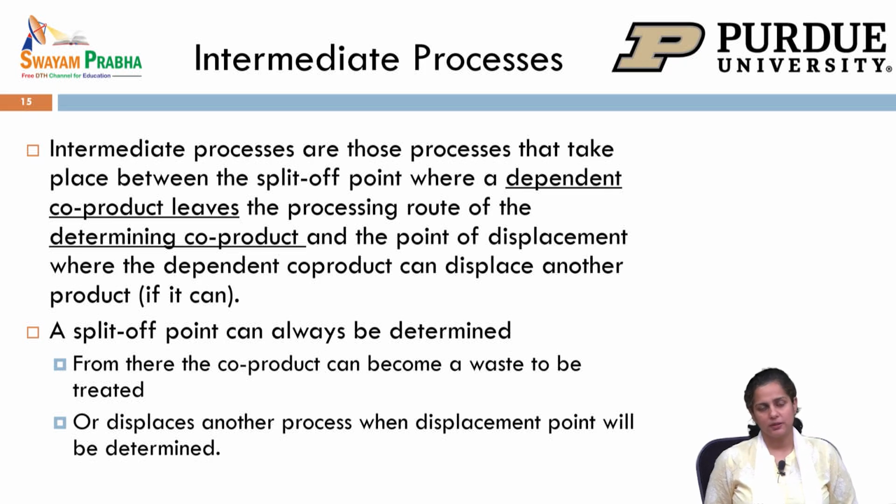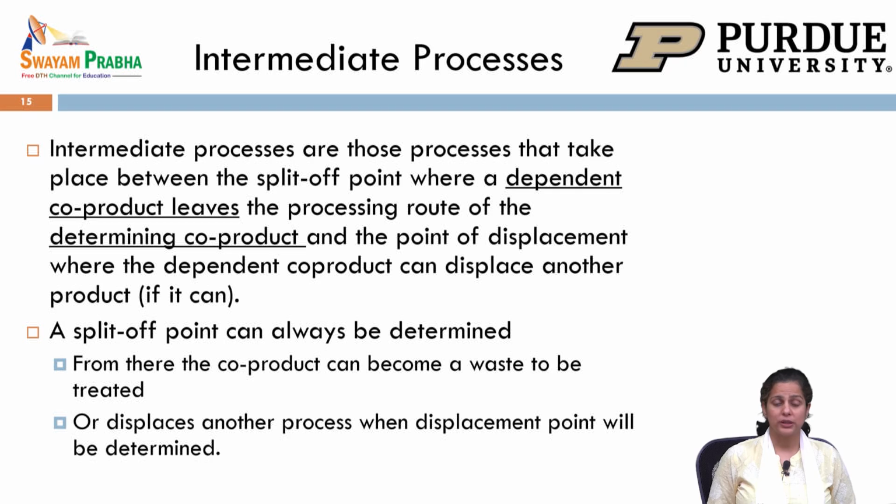So, let me explain it very simply. This is mainly the process that we need to include so that your co-product becomes an input to some other market. In the case that it is actually leaving the original process and it is entering some other process for identifying the displacement.